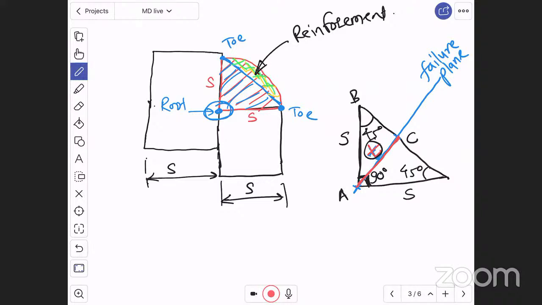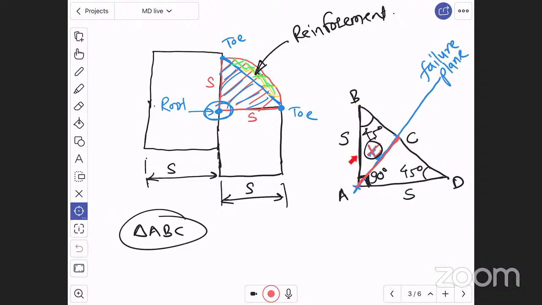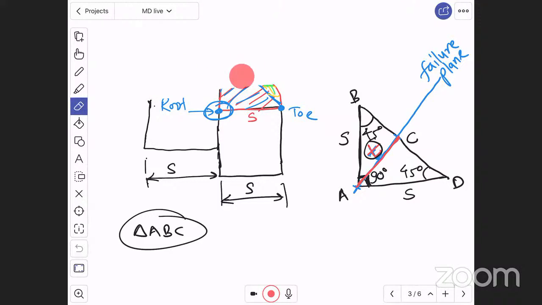Let us name the points A, B, C, D. If I consider triangle ABC only, in this triangle one side is S, the other side BC is not known, and AC we have assumed as the thickness T, along which it is going to fail. Now, I will draw this triangle here.